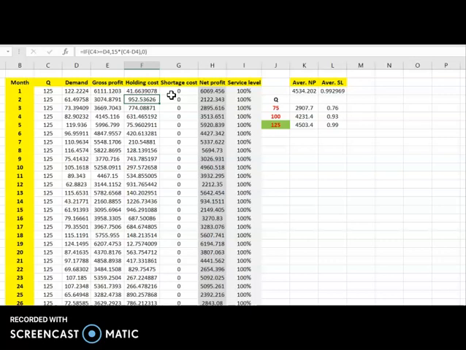So I strongly recommend that when you are doing simulation models, don't use rigid, fixed numbers in the formulas you put, because as you can see, when you change it, you need to change all those formulas again. So here we have 125, that's fine.